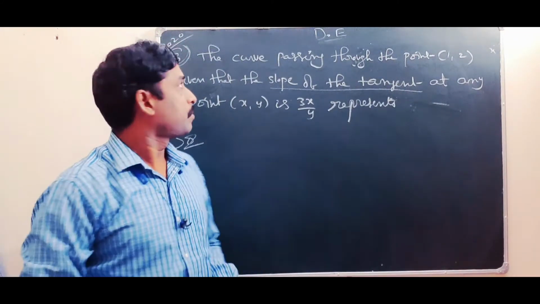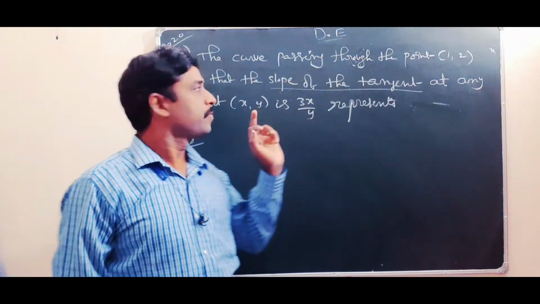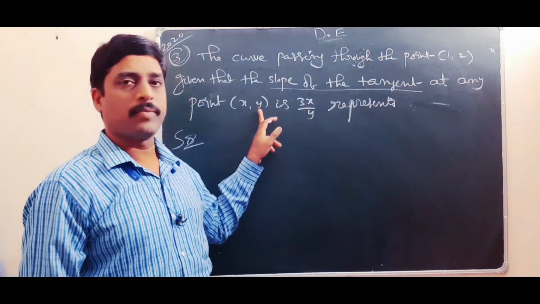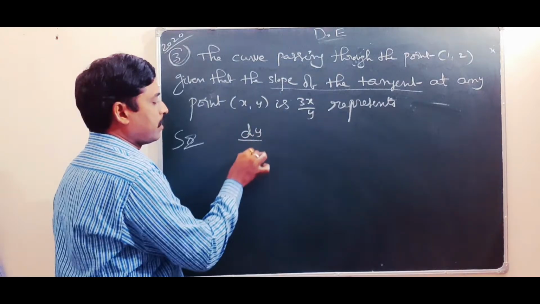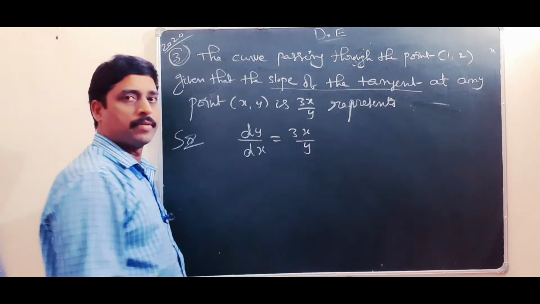Let us go to the next problem. This is from 2020. The curve passes through the point (1, 2), given that the slope of the tangent at any point (x, y) is 3x by y. So the slope of the tangent, denoted by dy by dx, is equal to 3x by y, as given.